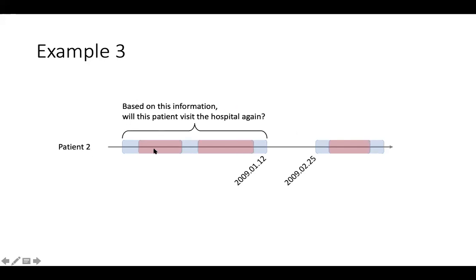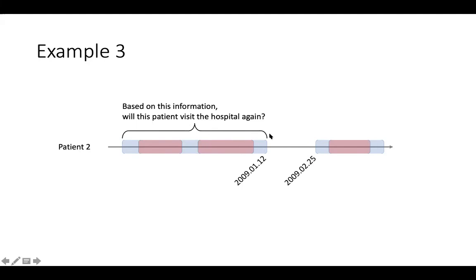How about this patient? This patient went into the hospital, went into the ICU two consecutive times, and then was discharged. What's important is what happens after the discharge. Within the hospital admission, whatever happens, whether the patient is admitted to the ICU or not, or visits the ICU 5 times or 10 times or 100 times, doesn't really matter.